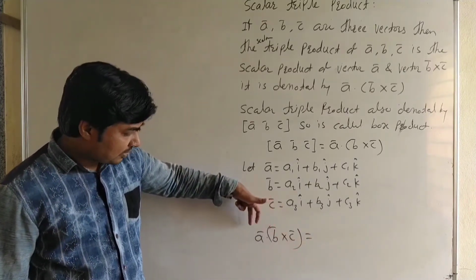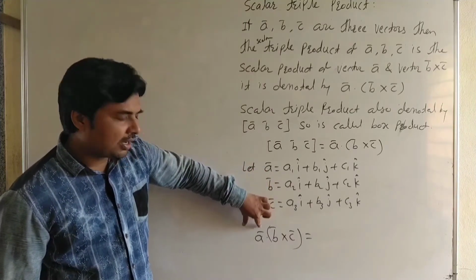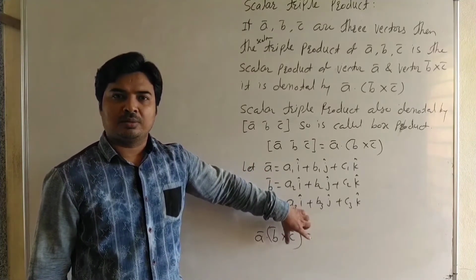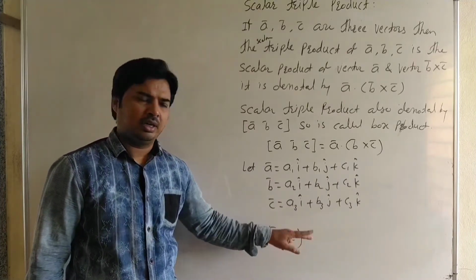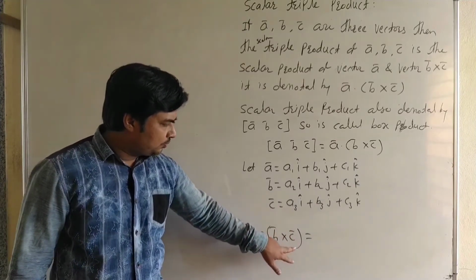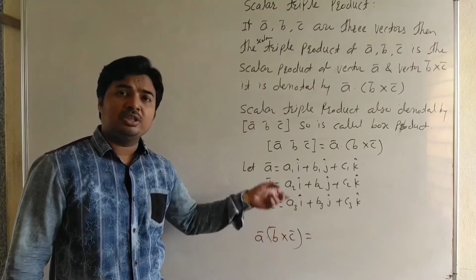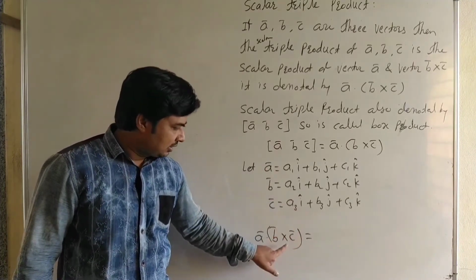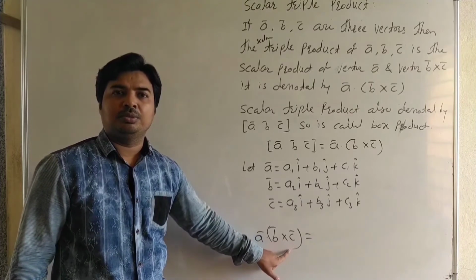Scalar triple product means the scalar product of A bar and the vector B bar cross C bar. Now first we find this vector B bar cross C bar. Just find the cross product of these two vectors, and the cross product is a vector, then take the scalar product, that is the dot product, of these two vectors A bar and B bar cross C bar.